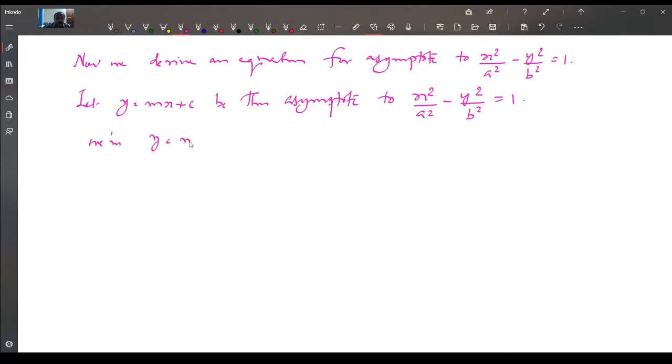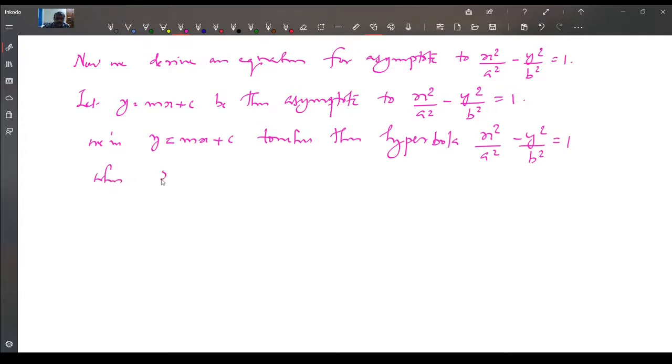So we have y equal to mx plus c touches the hyperbola x square by a square minus y square by b square equal to 1 when x square divided by a square minus (mx plus c) the whole square divided by b square equal to 1.